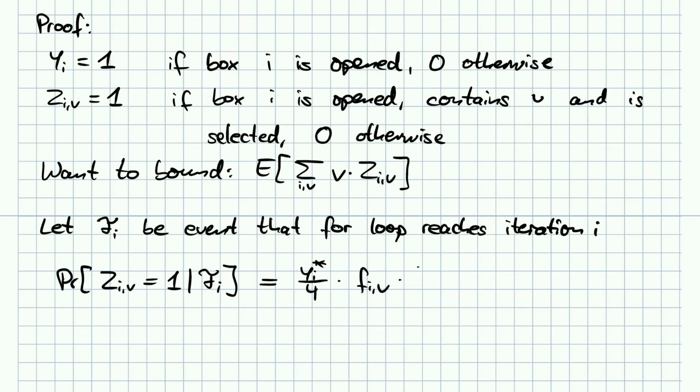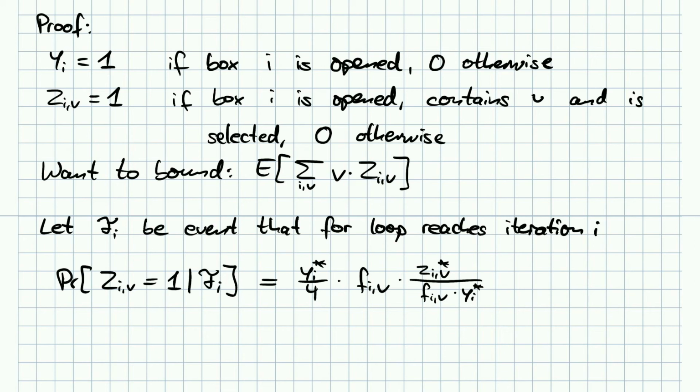And then we'll have to actually select this box, which happens with probability z_{i,v} star over p_{i,v} times y_i star. This is exactly how we define it in our policy.